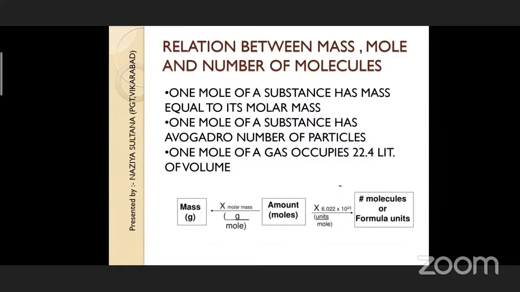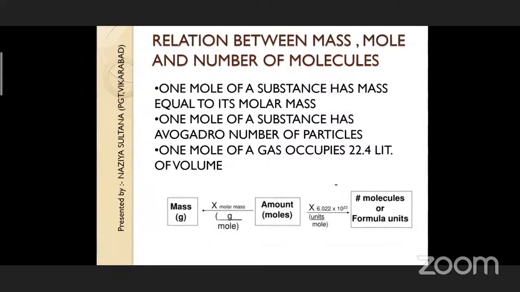And 1 mole of any substance has Avogadro number of particles. What is Avogadro's number? Approximately we can take it as 6 into 10 power 23 particles, or exactly 6.022 into 10 to the power of 23 particles.